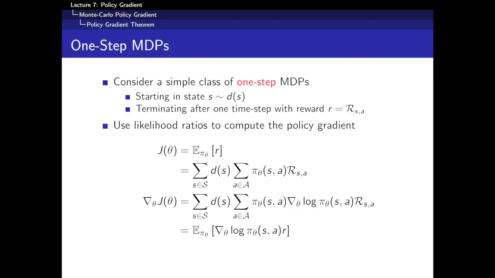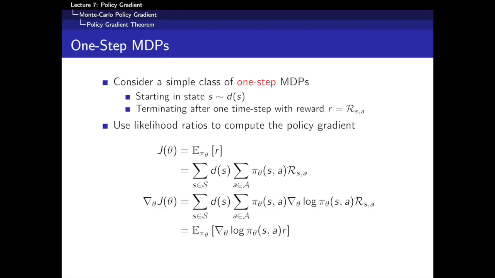So we can push the gradient right in to the gradient just of this term here, and expand that using our likelihood ratio trick. So the gradient becomes now the policy multiplied by the gradient of the log policy multiplied by the reward that you get. And so this is, again, now an expectation. That's the whole point of using the likelihood ratio trick.